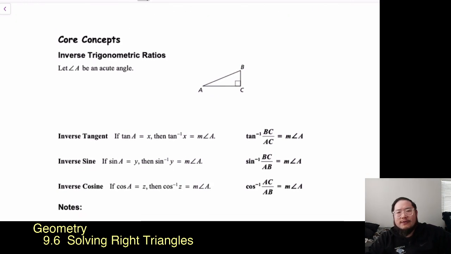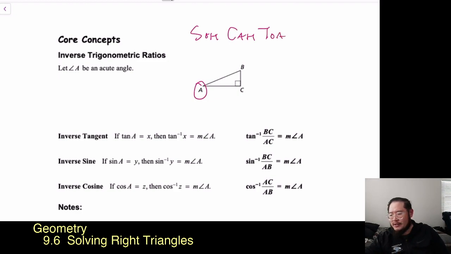So in order for us to find the angle, let's say, for example, right here in our diagram, we have angle A. If I want to figure out angle A, we need to know 2 out of the 3 sides. And we can use sine, cosine, or tangent depending on the information they give us. Don't forget, we have Sohcahtoa.